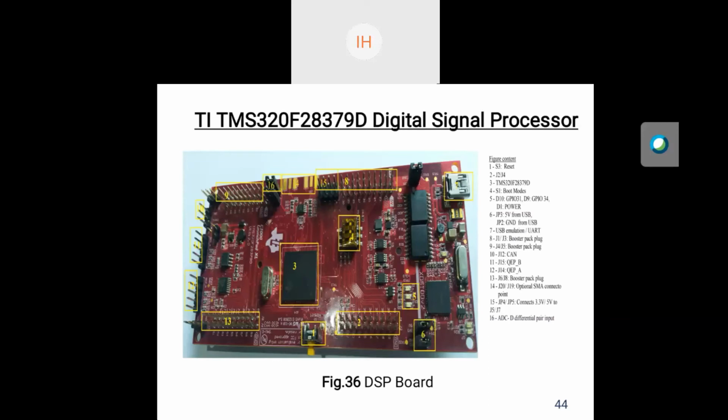Here the different parts of this DSP board are shown in this figure on the right side. Number 3 is the microcontroller, which is TMS320F2879D. Numbers 2, 8, 9, 6 are the GPIO pins.